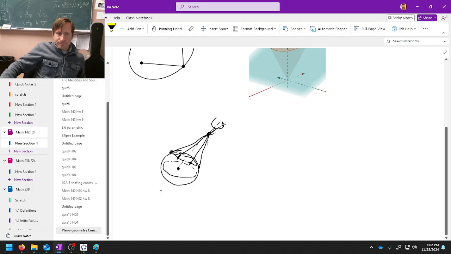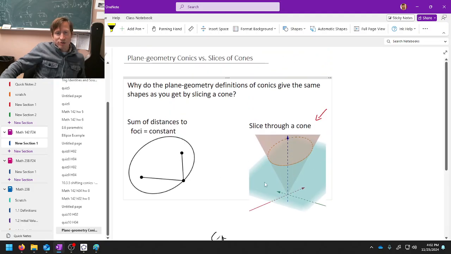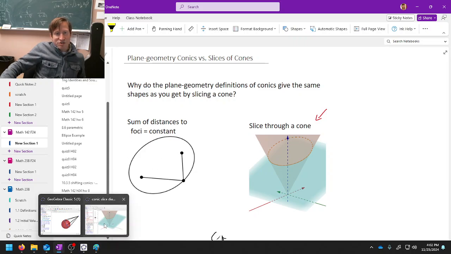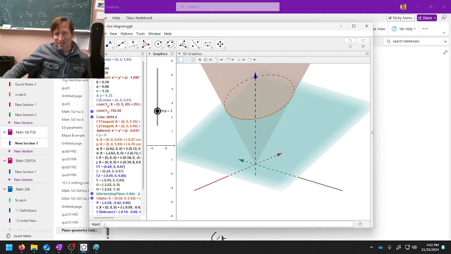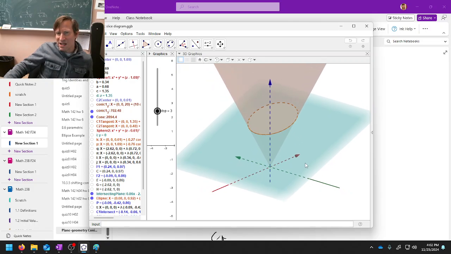Okay, so here's how we can show that when you slice a cone, you get the same thing as when you choose foci. The tricky part about this, so here's that cone diagram, is figuring out where the foci are going to be. Because we have this oval shape.